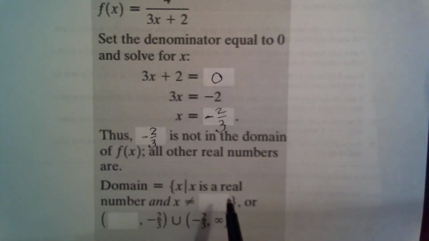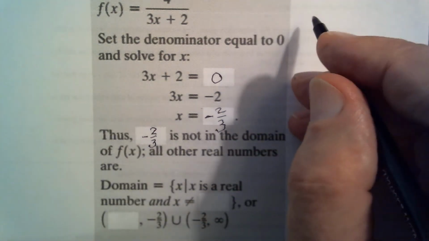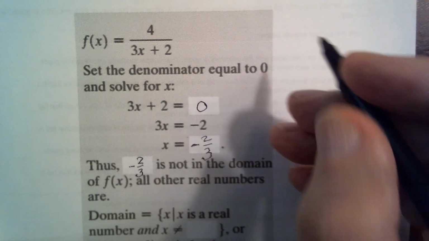In other words, when you replace x with minus 2/3, we can just do it here on the side and see what happens.